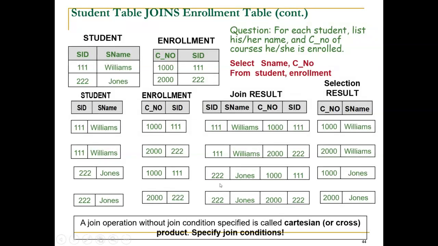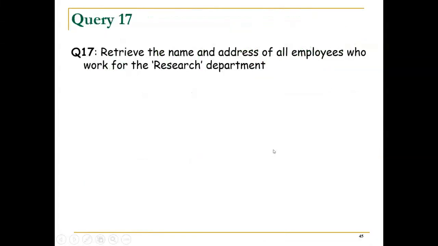So a Cartesian product will not generate useful information for you. On the contrary, it will generate some wrong information. And if you're not careful, you're going to use that wrong information for, for example, the company's decision-making process, then you will have trouble. So that's why join conditions are important.